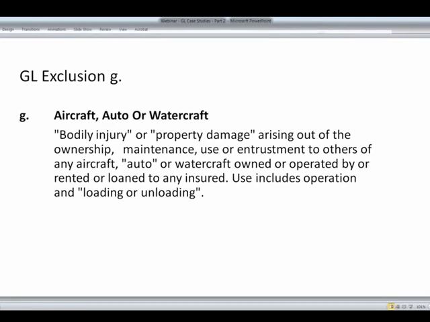But it's only autos owned by, operated by, rented, or loaned to any insured. Remember, insured also includes employees, so this would exclude any employees that your insured has for their autos also. And so that's the key definition here. We'll look at this in more detail later, but just remember, it's only autos owned by, operated by, rented, or loaned to an insured.